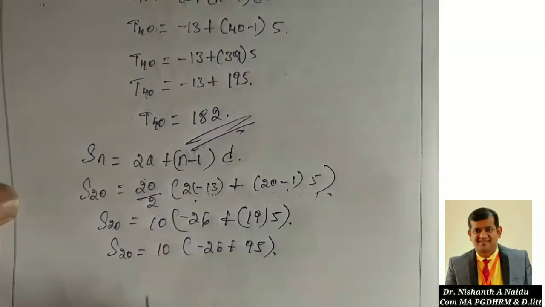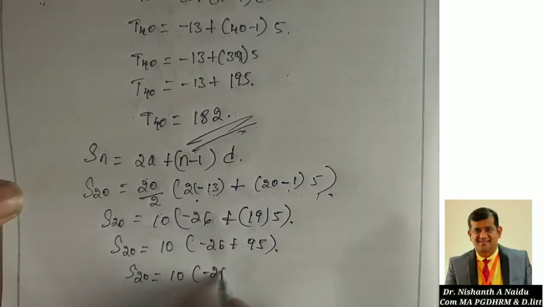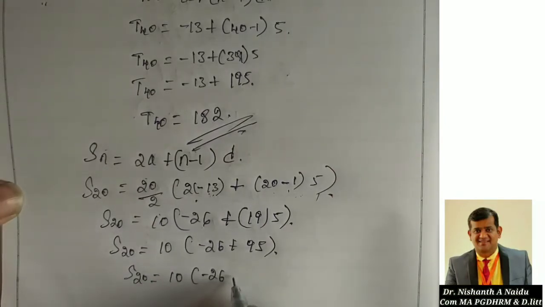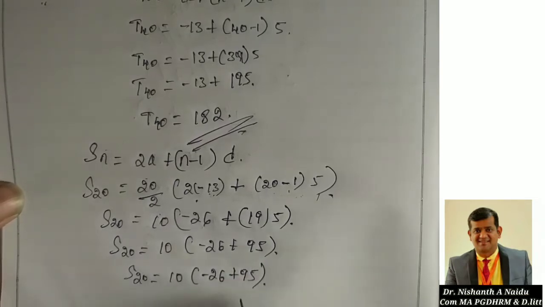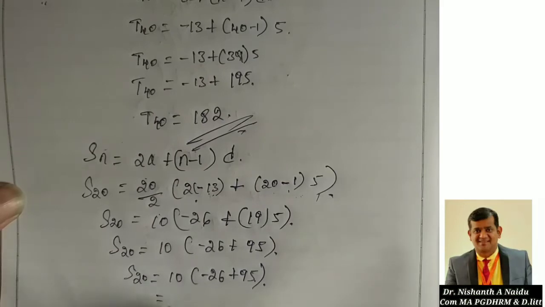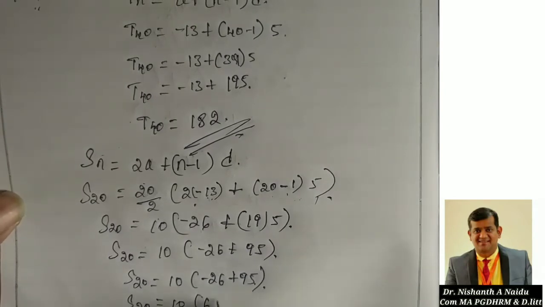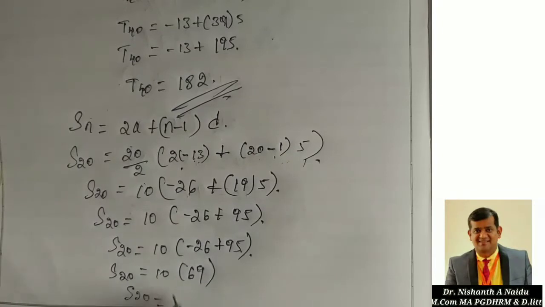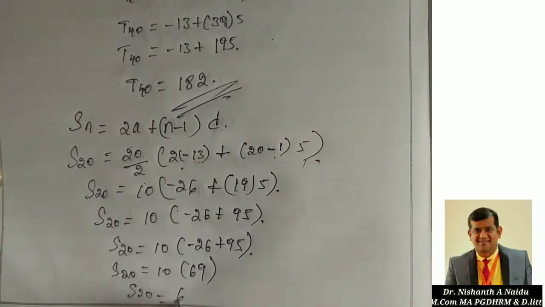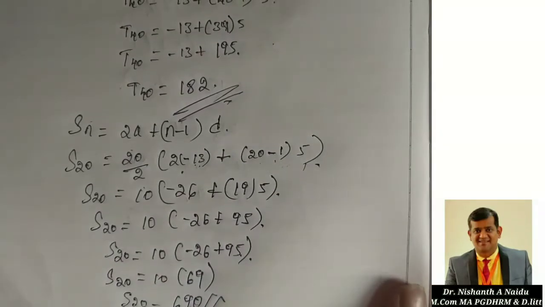I will simplify here only. 95 minus 26, how much will you get? 69. So S20 equals 10 into 69, that is 690. So this is the solution for this particular problem.